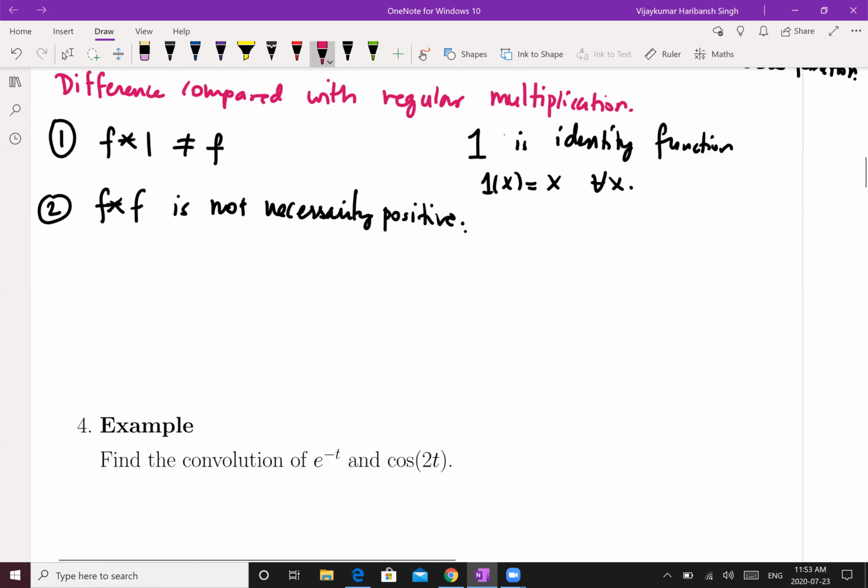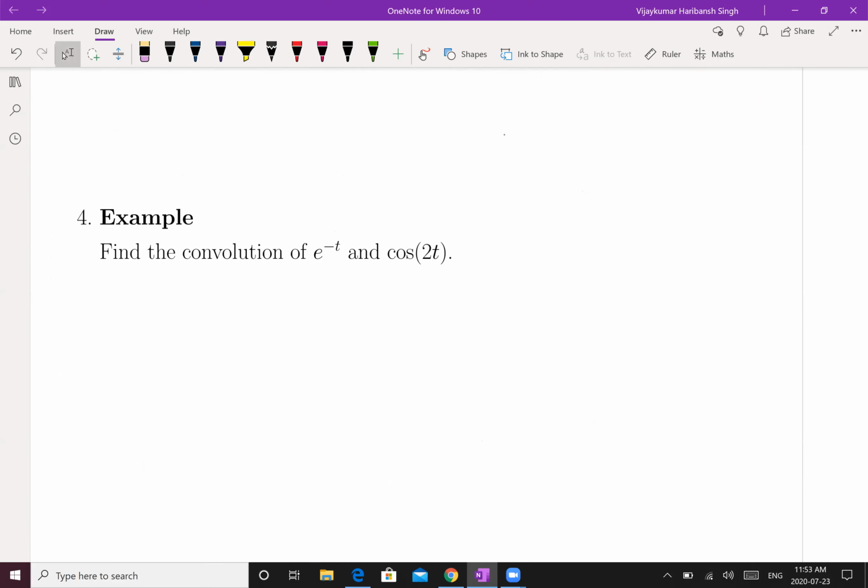Okay. So now let's look at an example of a convolution. We want to compute the convolution of e to the power minus t and cos of 2t. So here let's take f of t equals e to the power minus t and g of t equals cos of 2t.